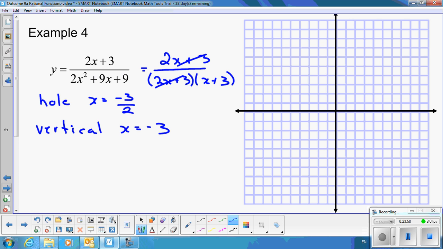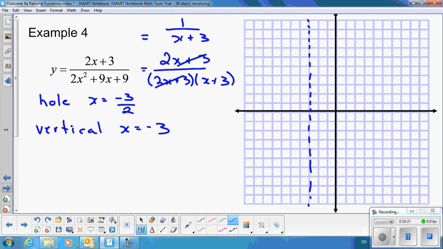So let's draw in that vertical asymptote. So x equals negative 3. My vertical asymptote is here. I can figure out the y value of that hole by substituting negative 3 over 2 into my simplified equation. So this equation, when I simplify it, actually becomes 1 over x plus 3.